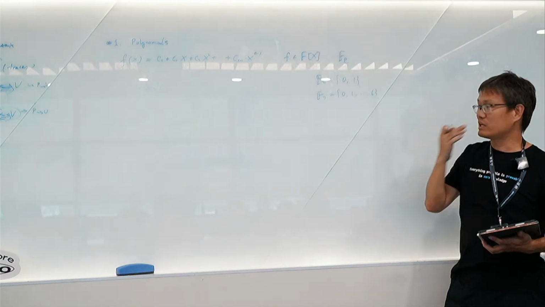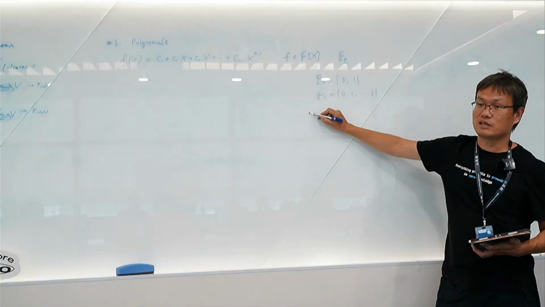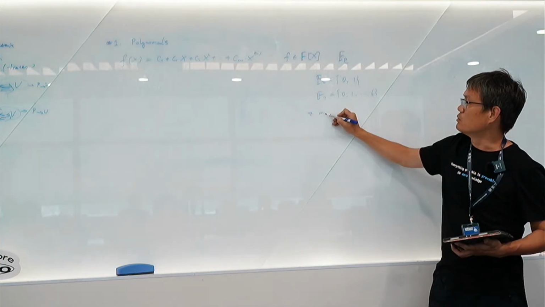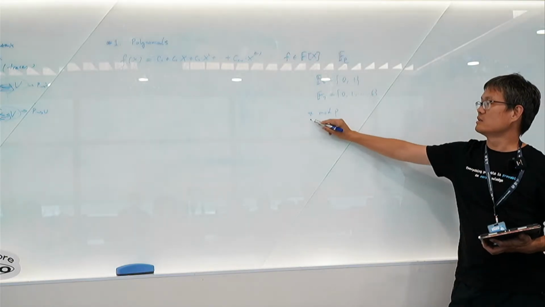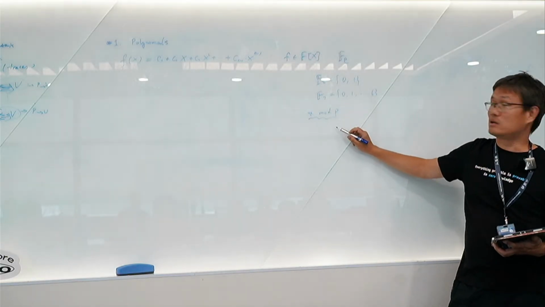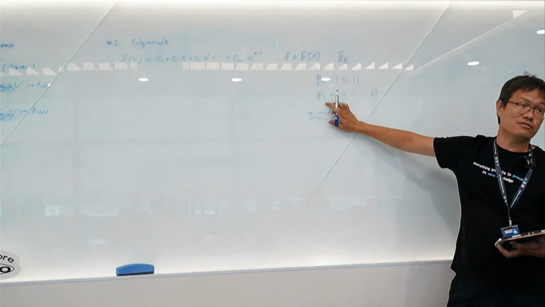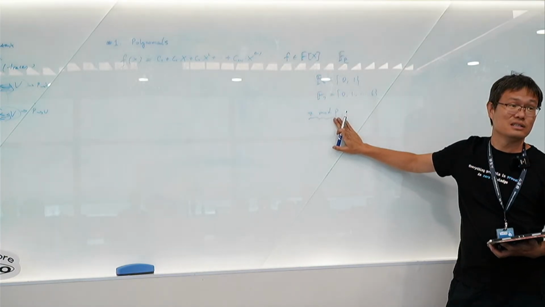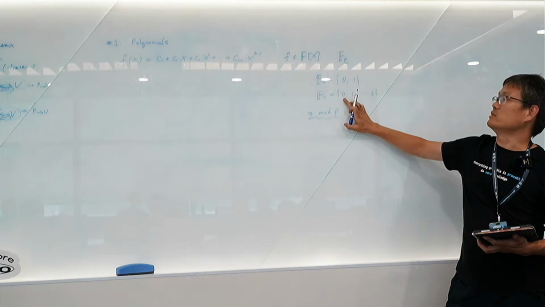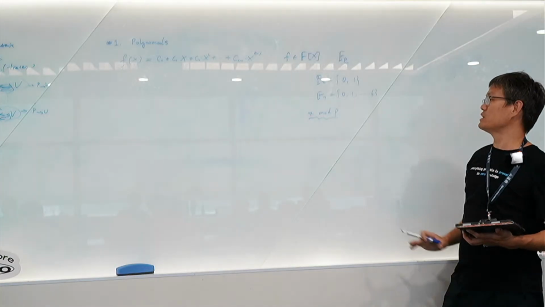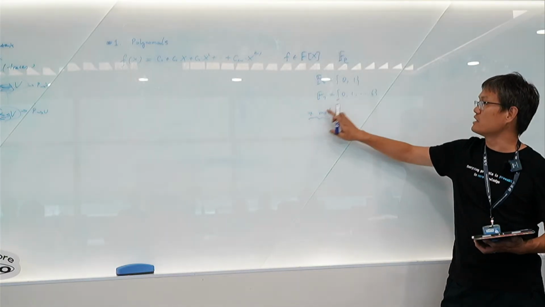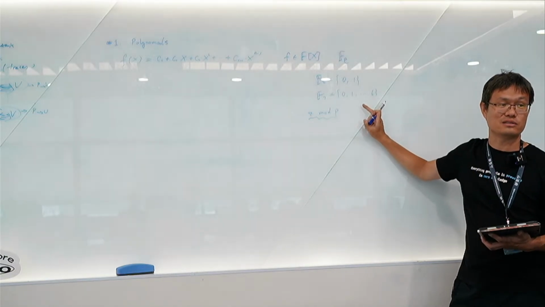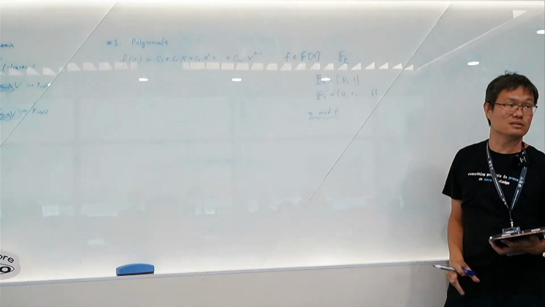So basically, we can take an integer z mod p, and the result will be in F7, right? Because for every integer mod p, we project z into a smaller set. It's a finite set with finite elements, from 0 to 6.